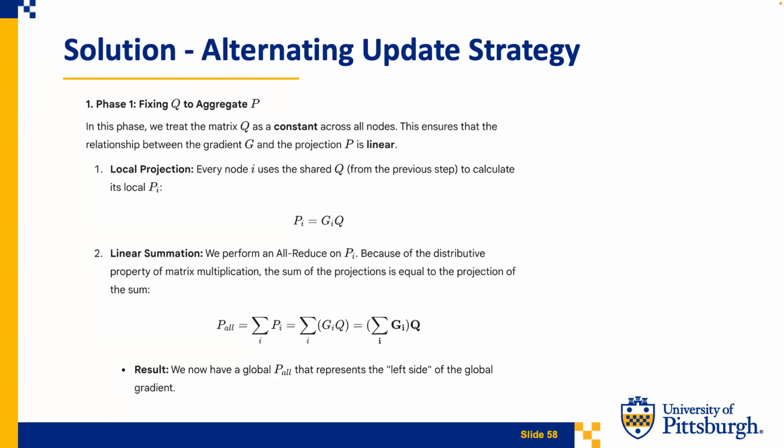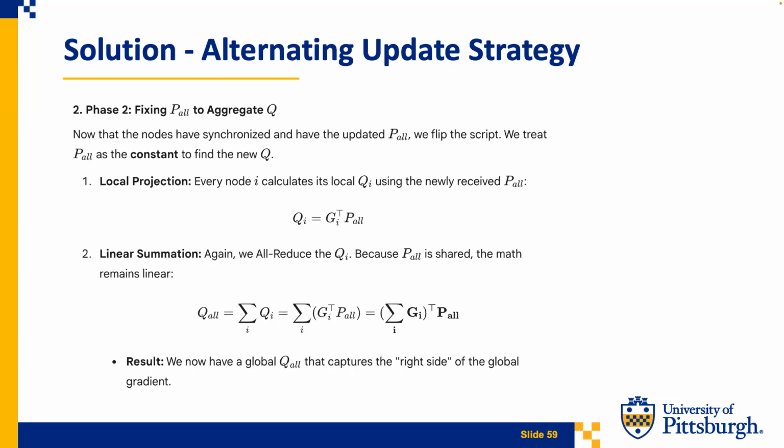So we are getting a P_all that represents the left side of the global gradient. Once you have the P_all, every node has the P_all, right? Then we calculate the Q_i inside each node, and broadcast the Q_i.